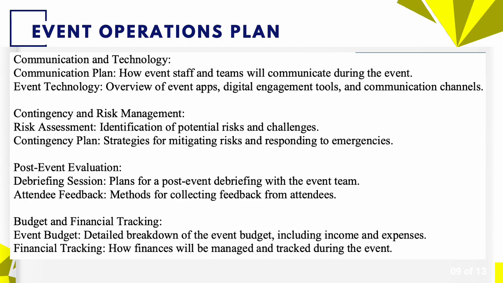So, we also have communication and technology, a communication plan: how event staff and teams will communicate during the event. So, the event technology: an overview of the event applications, digital engagement tools, and communication channels.